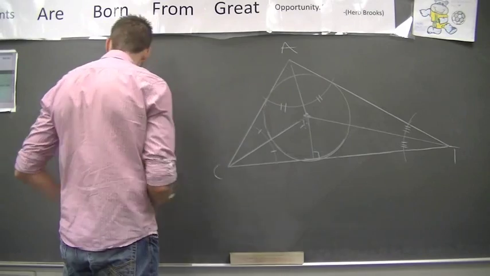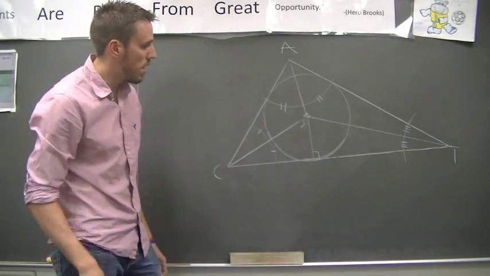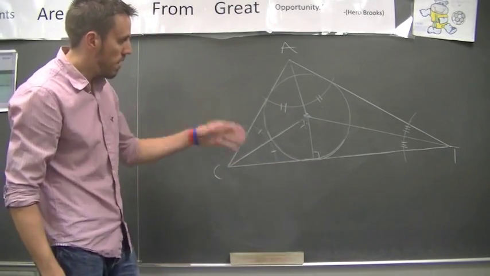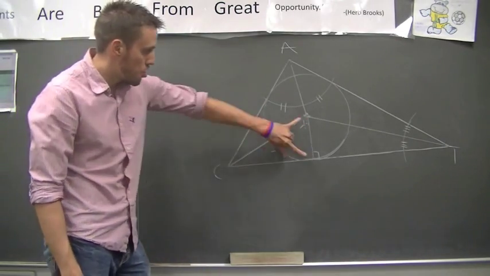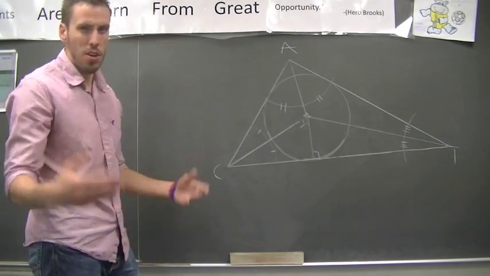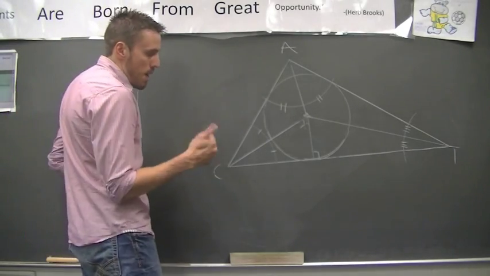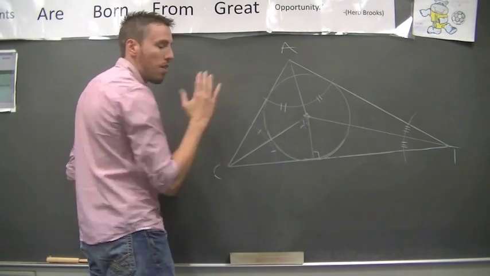But what you're constructing is a circle that touches each one of the sides of the triangle. And if you do your incenter correctly, you should have no problem getting pretty darn close. When I'm grading these, if you have a little bit of excess out here, that's fine.